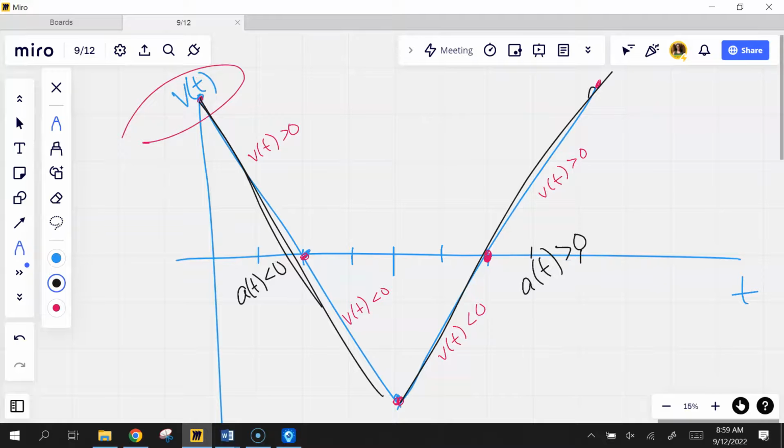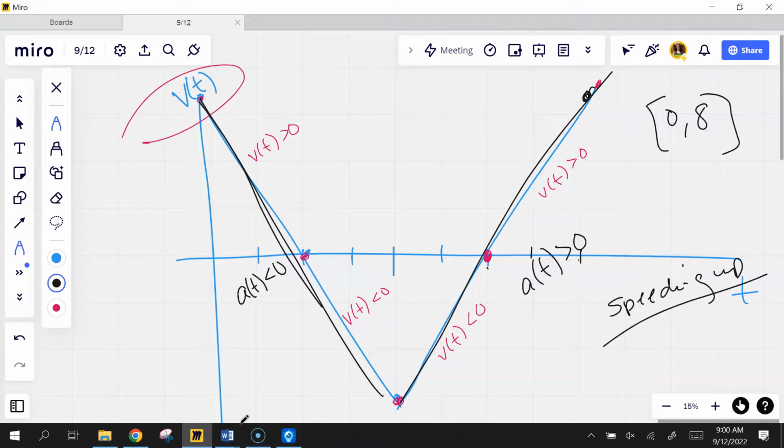So on the interval from 0 to 8, where am I speeding up? 6. Why? Velocity and acceleration have the same sign right here.